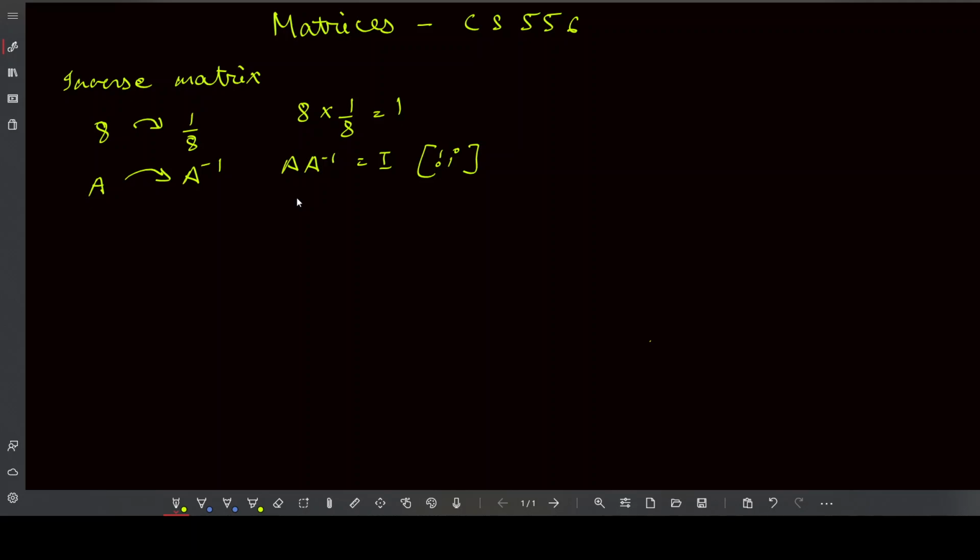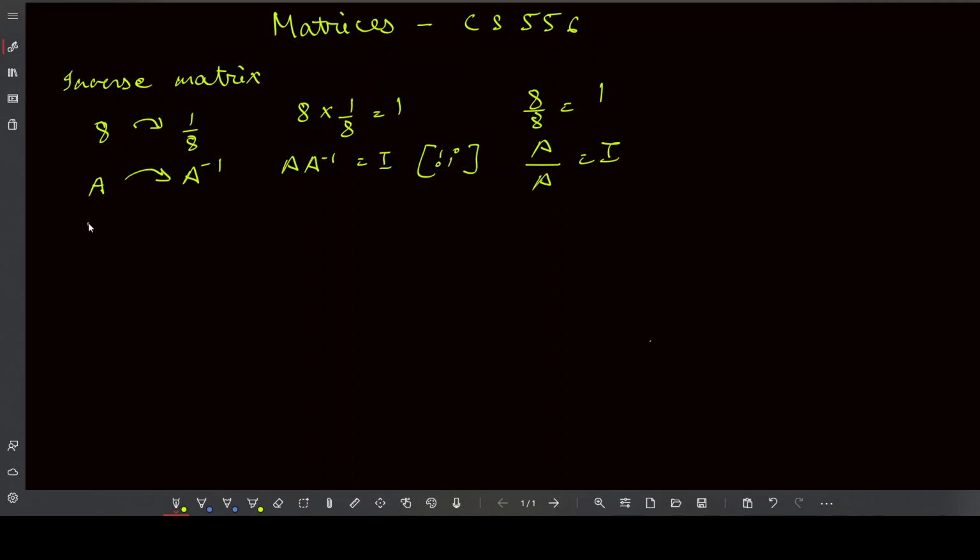So now you might ask that I can just divide 8 by 8 and also get 1. Why can't I just divide a matrix by itself and get the identity matrix I? Well, the answer to this is that in matrices, there is no concept of division by a matrix. I mean, seriously, the concept just doesn't exist.